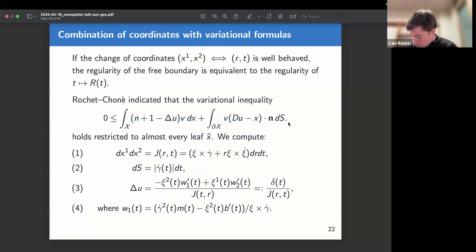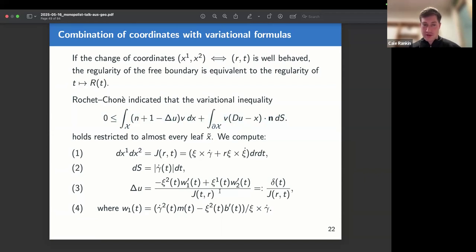Something that was actually present in Roche and Chonet's early work, but I think not super picked up on by the community, was that these variational inequalities hold not only over the whole domain, but restricted to individual contact sets. And that's very powerful because we can take this inequality and we can compute it in our new coordinates. And it's standard multivariable calculus, but what you get is below.